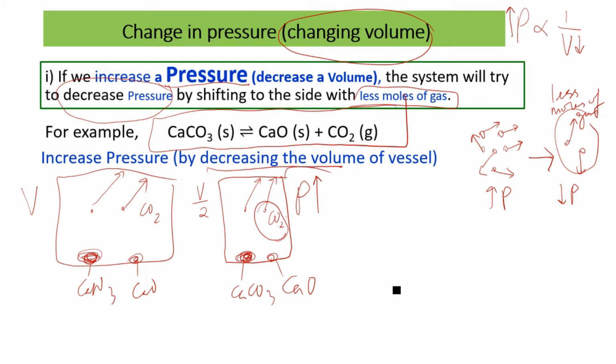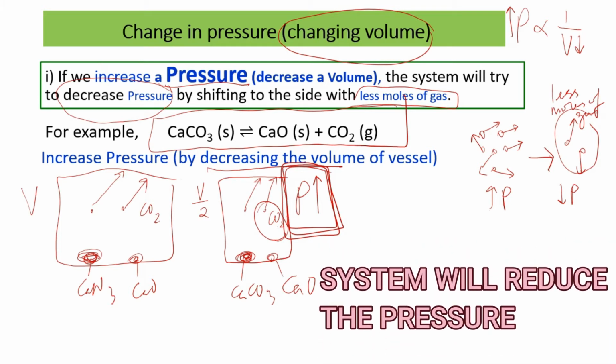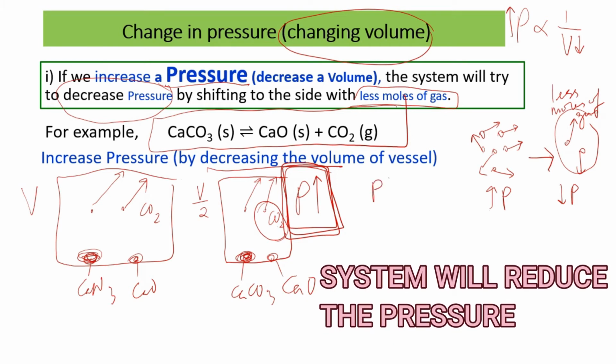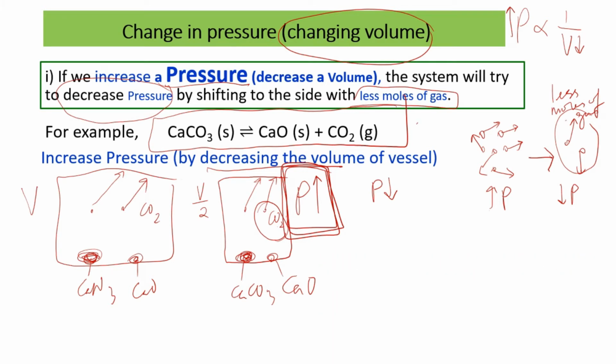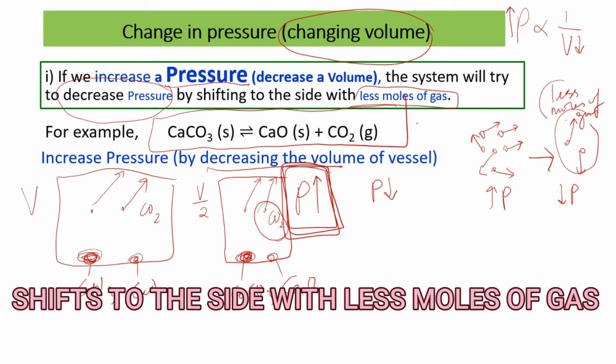Okay, so this is a disturbance to the system. So what should the system try to do? The system tries to bring down the pressure. So how to bring down the pressure? We will know that they will try to shift to the side with less moles of gas.